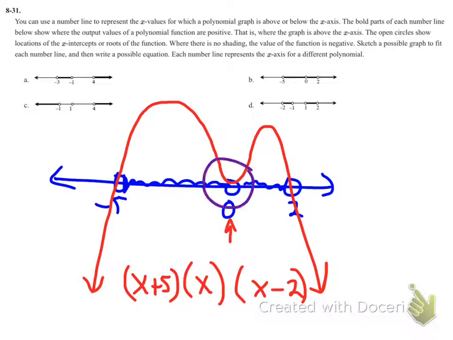Now, because of the fact that it bounces here, I know that this has to be at the least squared. It could be a 4th power, it could be a 6th power, but I know it needs to be at least squared. Now, it also has negative orientation, which means my equation has to have a negative value out front. So there's my equation.